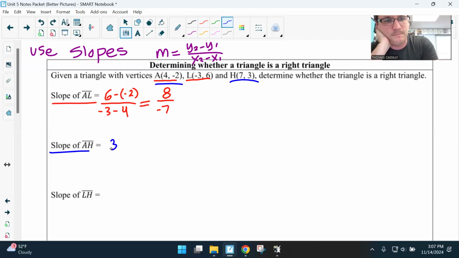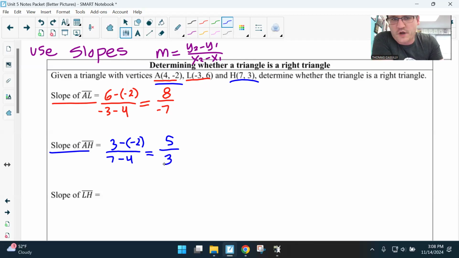So 3 minus -2, all over the X value, 7 minus 4. Minus a negative again, that's going to be 3 minus -2. That's a 5 on top, and we have a 3 on bottom. So those are not opposite reciprocal. So we automatically know AL and AH are not perpendicular.